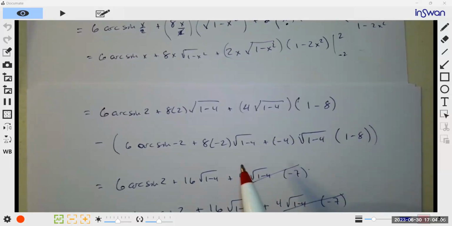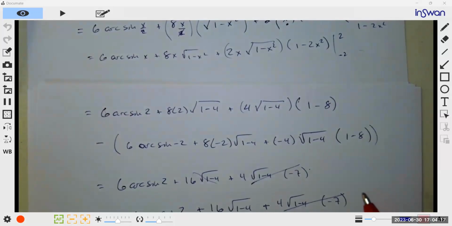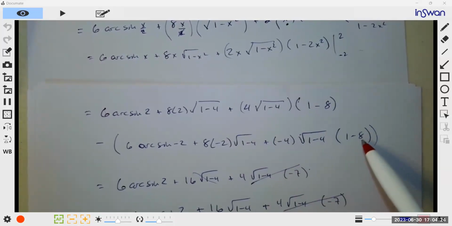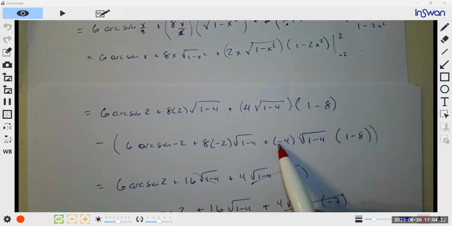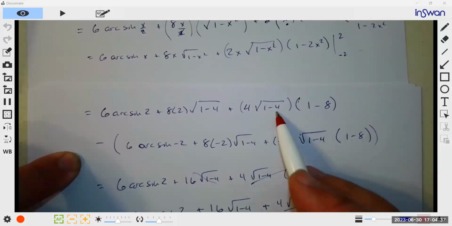These are going to cancel. Positive, positive. They're not canceling. That should be -7. Negative times negative makes it a positive. So that's going to change it back to a negative. So those cancel.